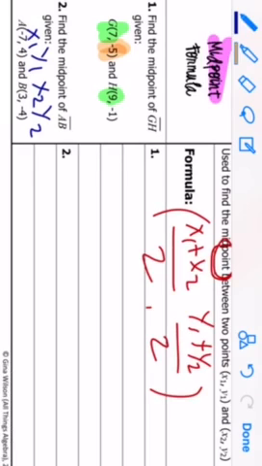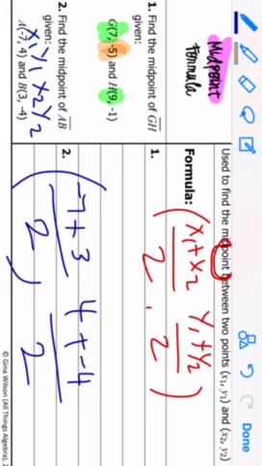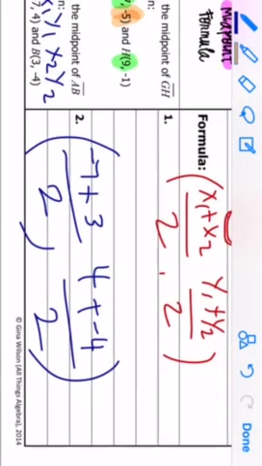So for number 2, this would be x1 is -7 plus x2 is 3 all over 2, comma. y1 is 4 and y2 is -4. So you can write 4 minus 4 or 4 plus -4 over 2. Okay? So that's going to give me -7 plus 3.